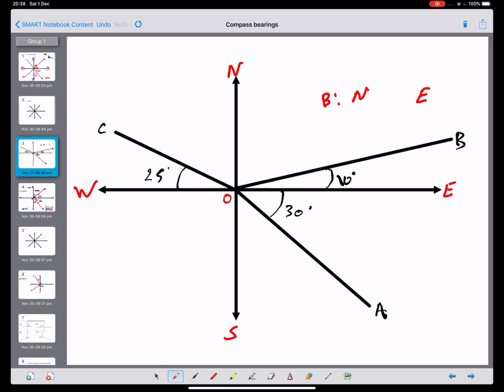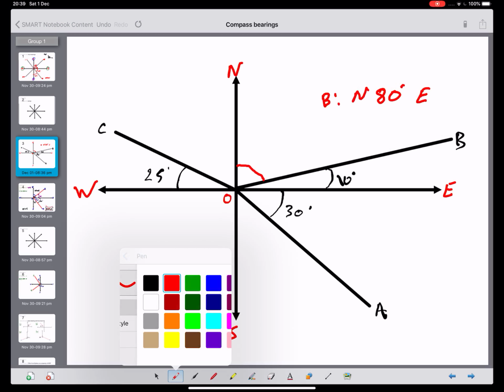Okay, now we always measure from north. So if you're going to measure from there to there, you're going to have to add 80 to 10 to get to 90.